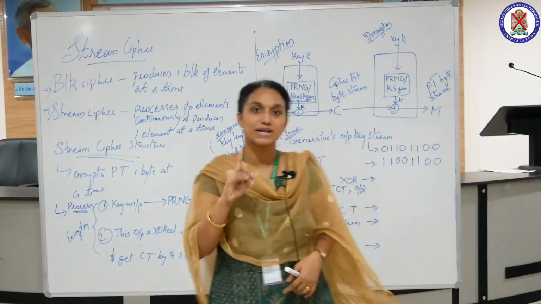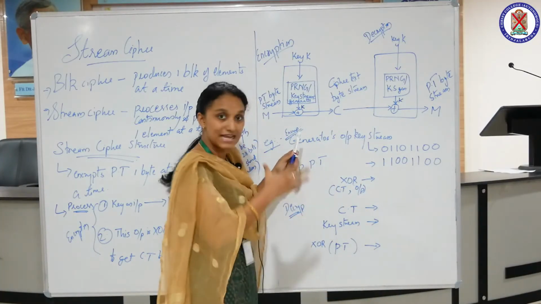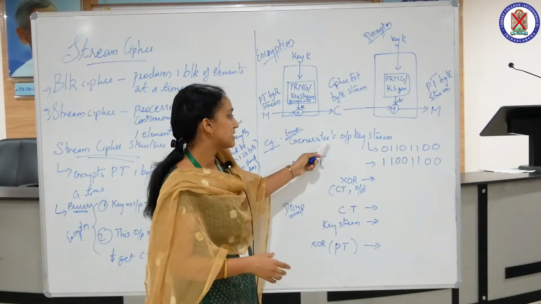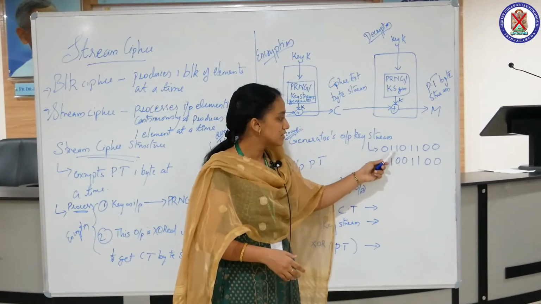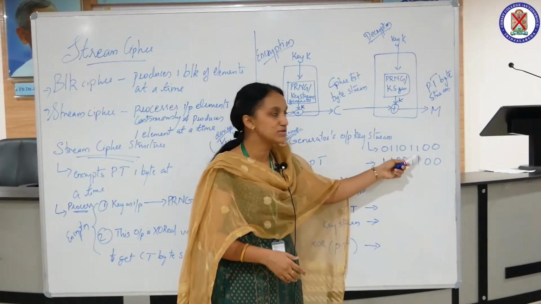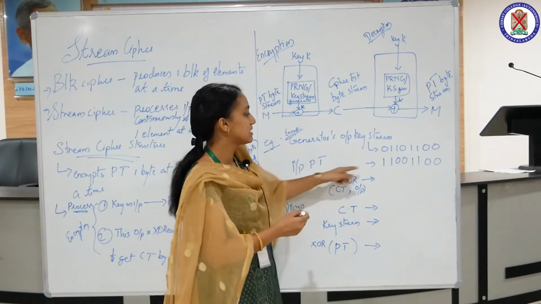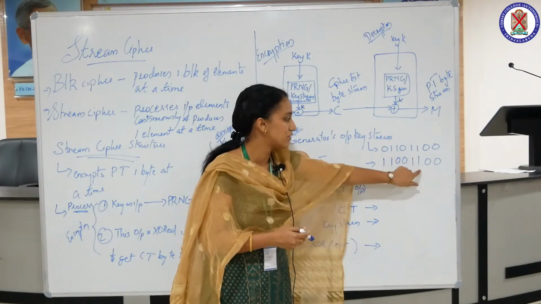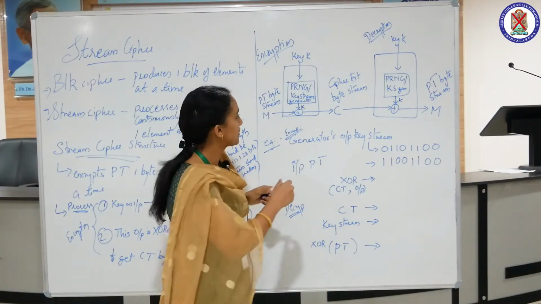Now let's work out one important example regarding this. It's very easy. Let's see. For the encryption side, you have the generator's output key stream, for example, 01101100, and the input plain text which we have is 11001100. So what are these values when you compare with the diagram?